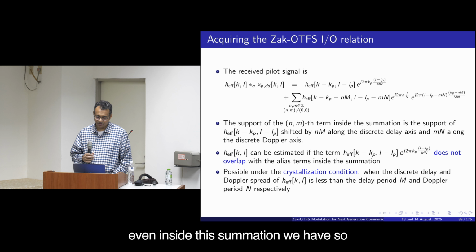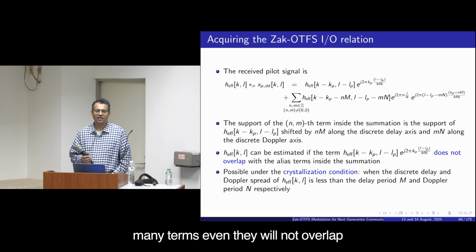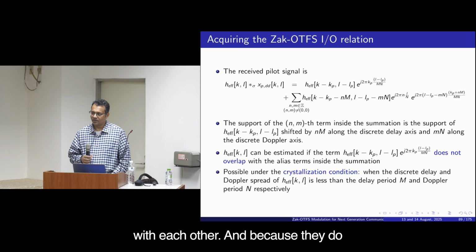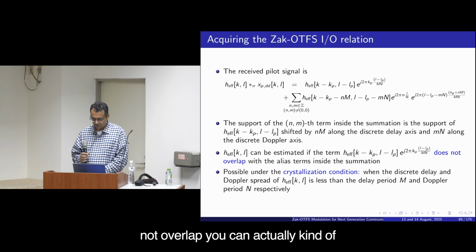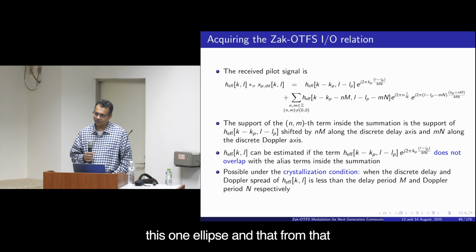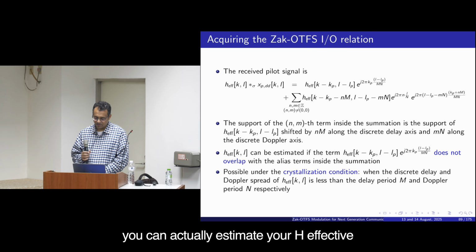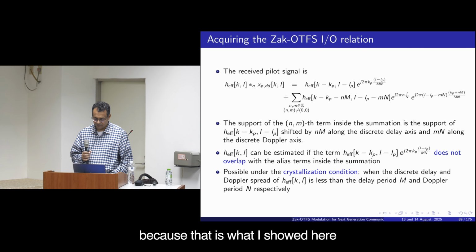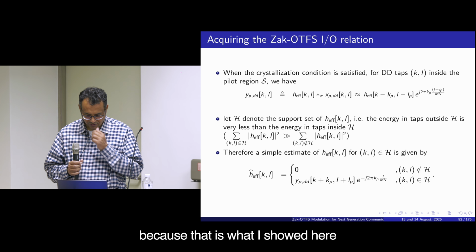Even inside this summation we have so many terms, even they will not overlap with each other. And because they do not overlap, if you observe only in this region here, you will only see this one ellipse. And from that you can actually estimate your H effective, because that is what I showed here, right.